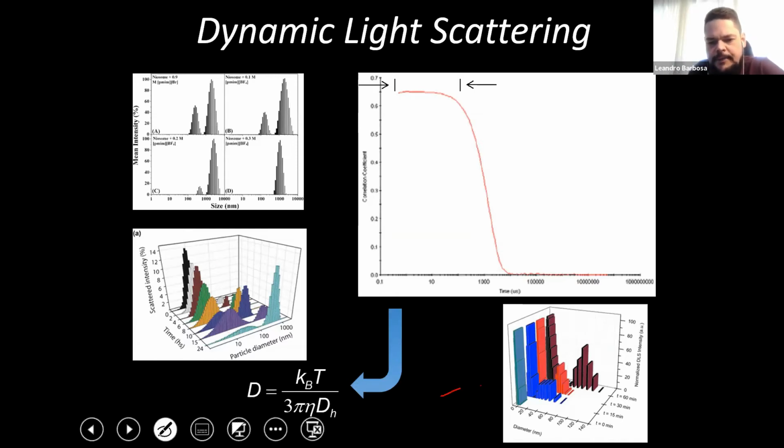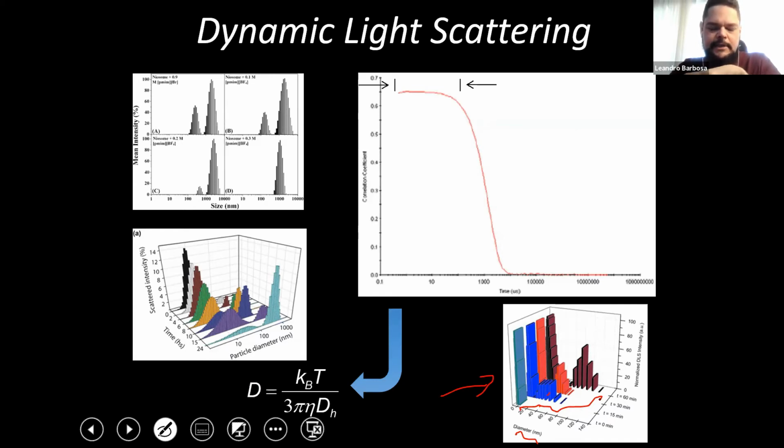For example, here I showed an example of the aggregation of a particular sample over a long time, because here you have the diameter, and you see that over a long time the diameter is increasing. So you can have general information about your sample. This is a very nice technique to check the size of your sample and to check if you have some kind of aggregation in the process of producing your nanoparticles.